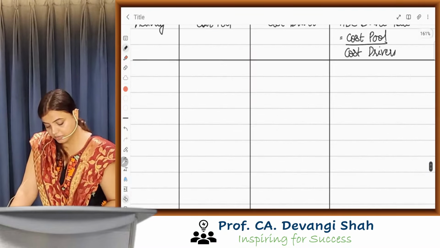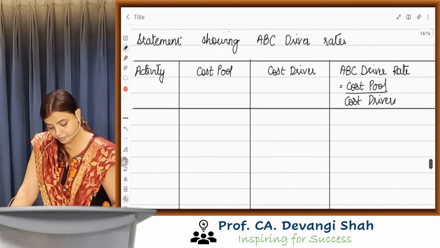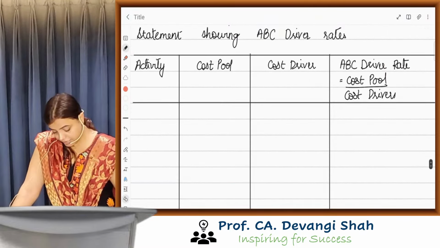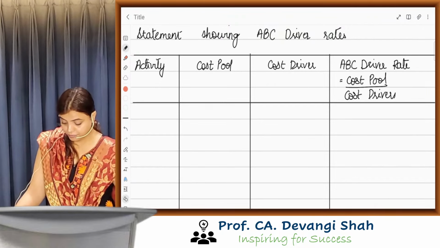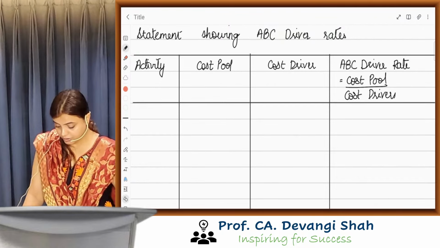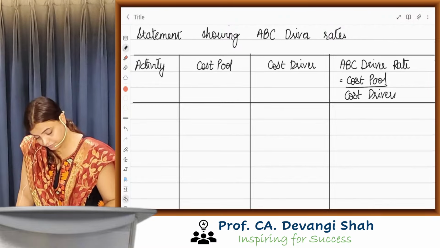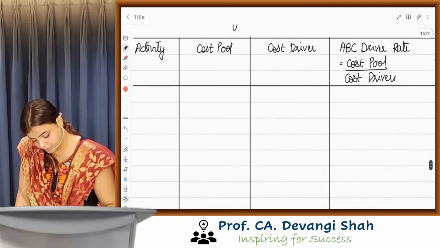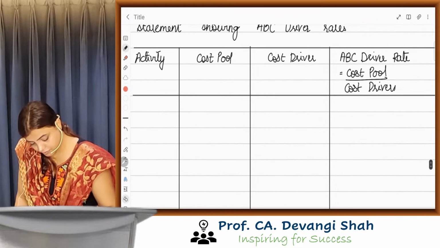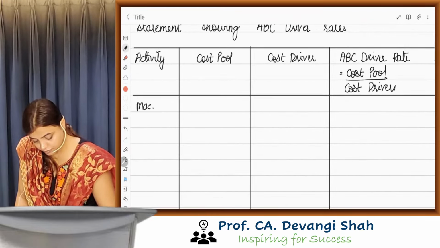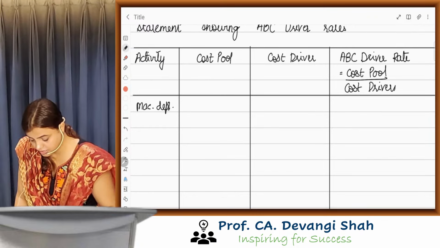There are 6 activities. चलो एक एक करके रेट निकालते हैं. The first activity is machine department. जिसके लिए कॉस्ट है 18,48,000.